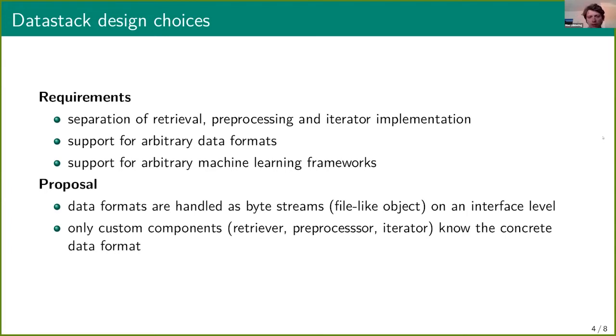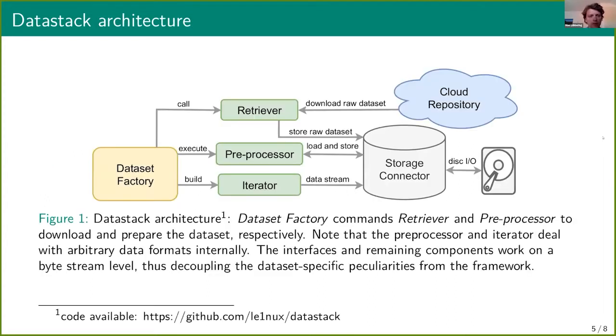And internally, those components then have to cast these byte streams to the specific formats. So for instance, if the preprocessor receives a byte stream from the retriever, it has, for instance, to cast the data to a NumPy array internally to perform the preprocessing. But the main part is that on an interface level, we always have byte streams.